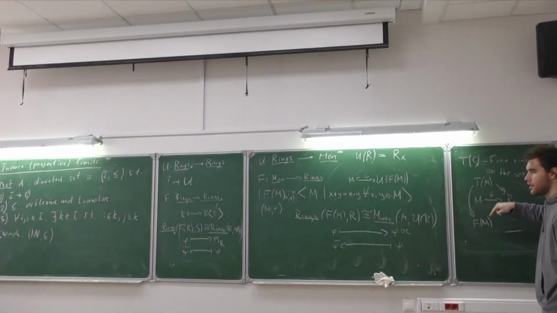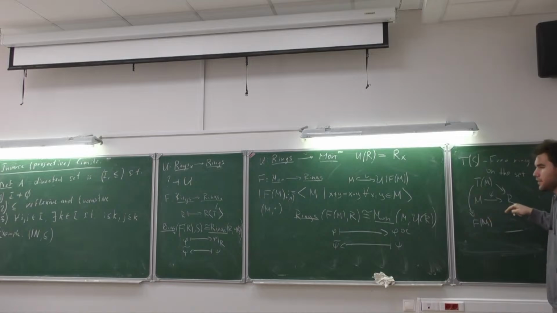Well, the isomorphism theorem tells us that it factors if and only if these relations are satisfied in R, and they are satisfied because psi is a homomorphism of monoids. Therefore, we get a unique factorization. No, there is a mistake somewhere. I know this is not the right answer.